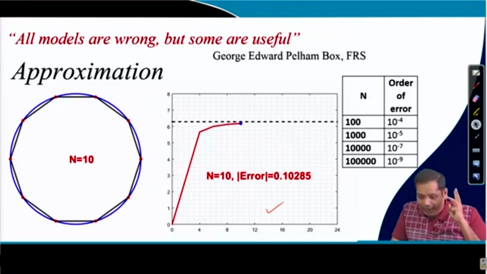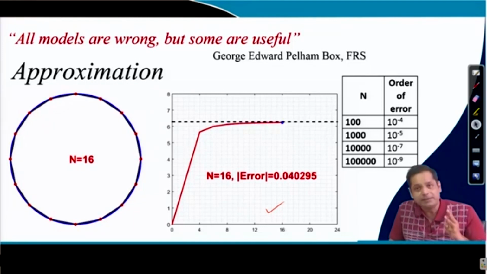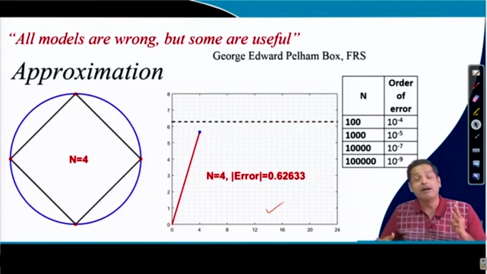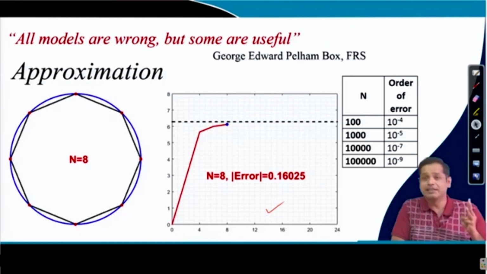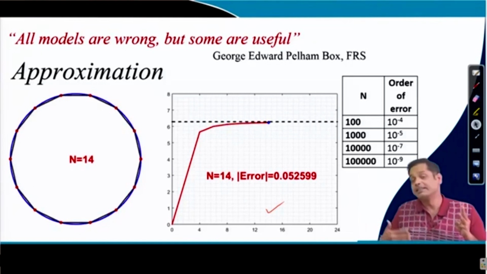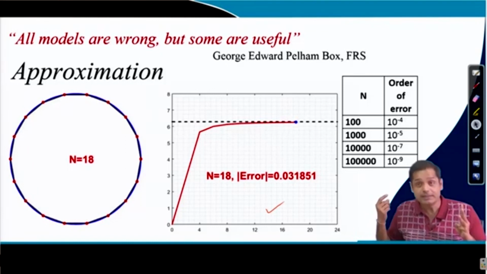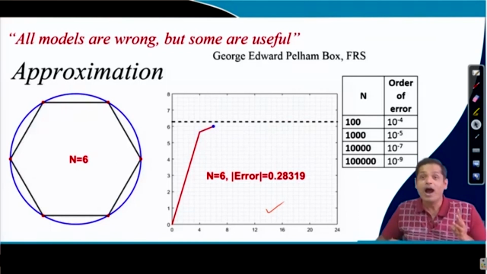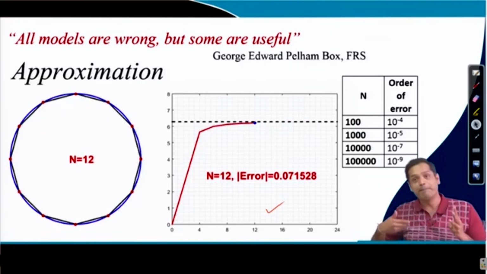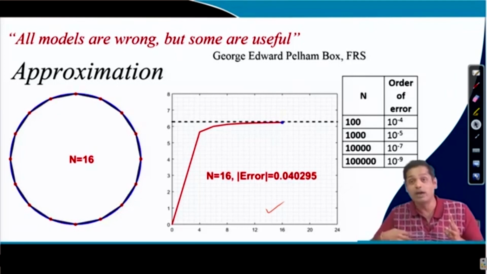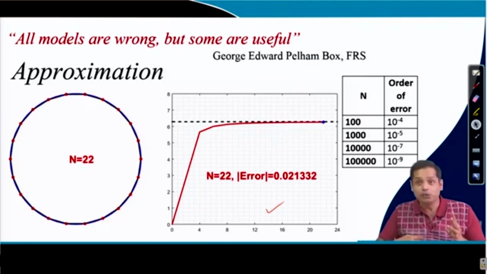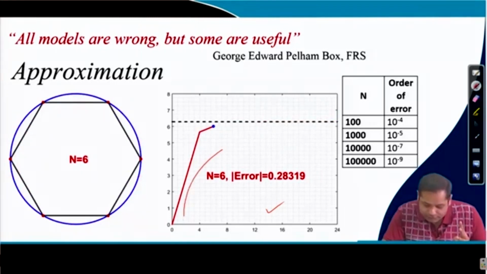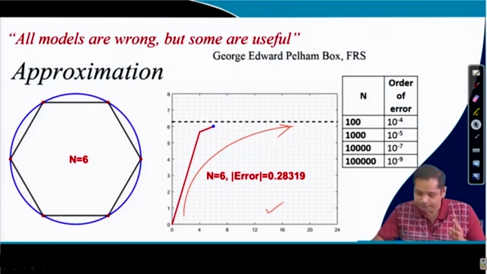And the third thing is, if we keep on increasing the number of sub-problems, in the first case the number of squares, in the second case the number of segments, our approximation becomes better. This is called convergence. We are converging towards the actual solution.